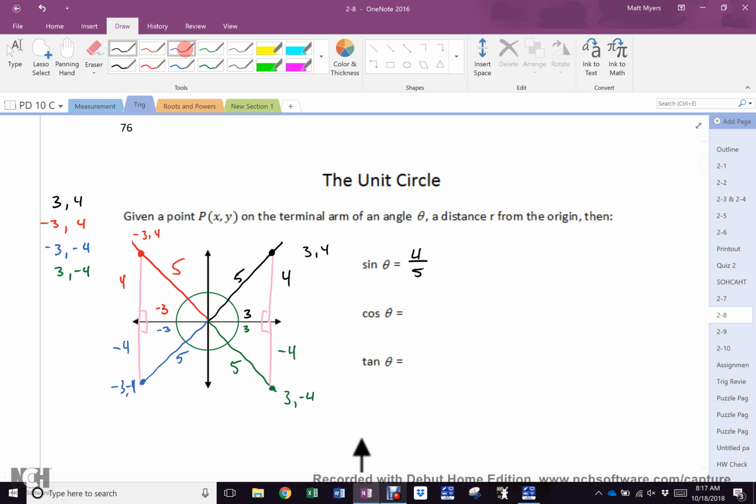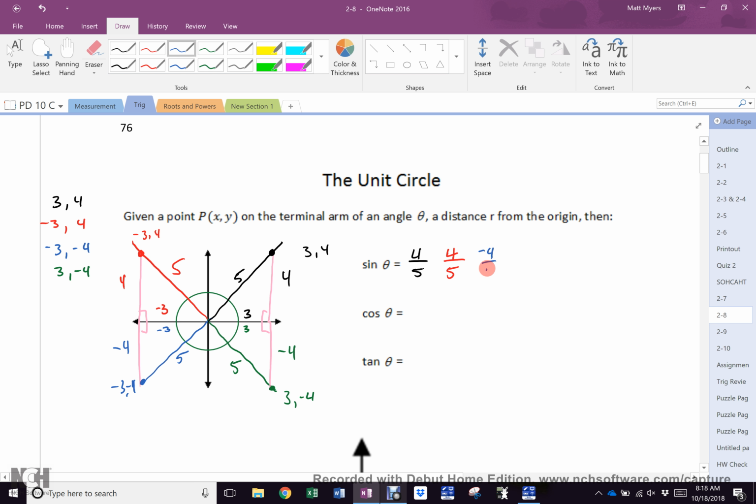Okay. What is the sine of the red reference angle? Pardon, Toya? Of course it's 4 over 5, because sine is opposite over hypotenuse. What is the sine of the blue reference angle?